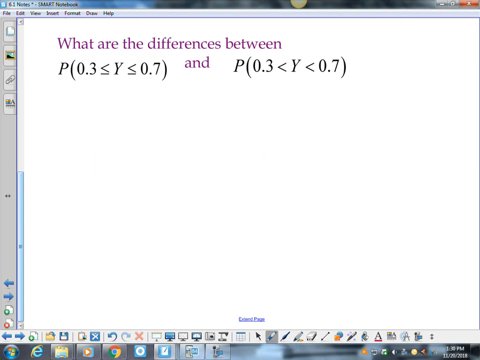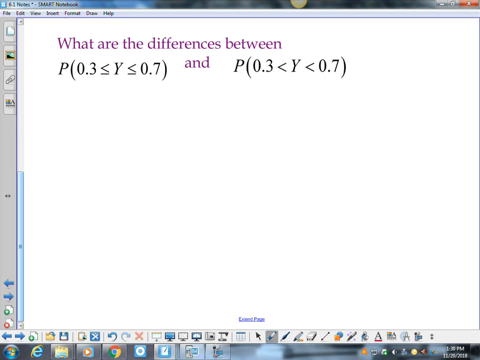Okay, now here's something that's going to blow your mind. What's the difference? It's so slim that we don't even recognize it.